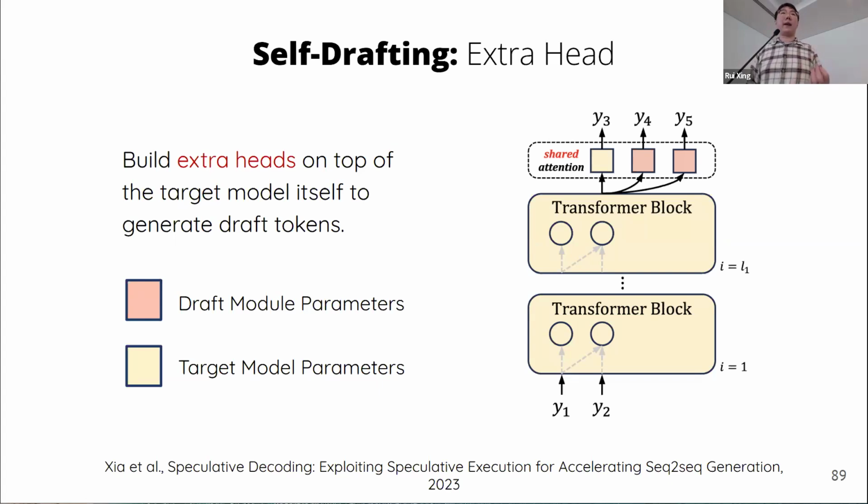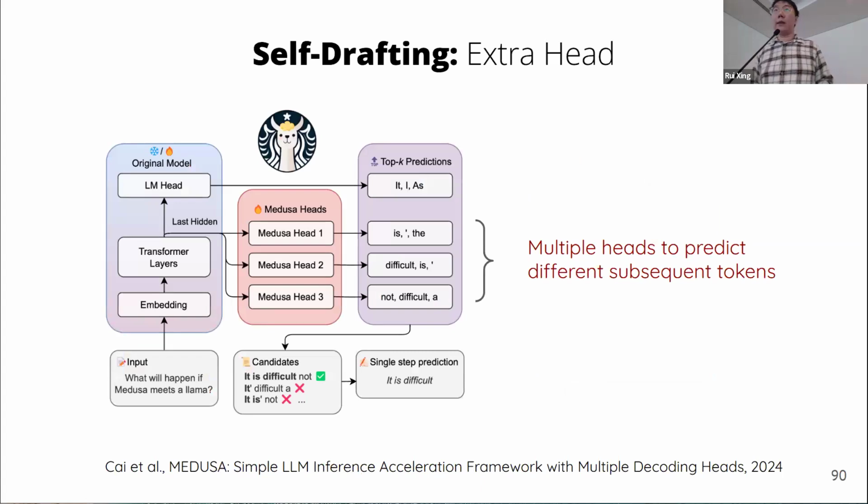Here we can see it builds extra heads on top of the target model to generate the draft. And this kind of idea is extended to the popular work Medusa. Medusa also leverages extra heads based on transformer layers to generate different subsequent tokens. Here, the first head predicts the next token, the second head predicts the token after that, and the third head predicts the following one in parallel.